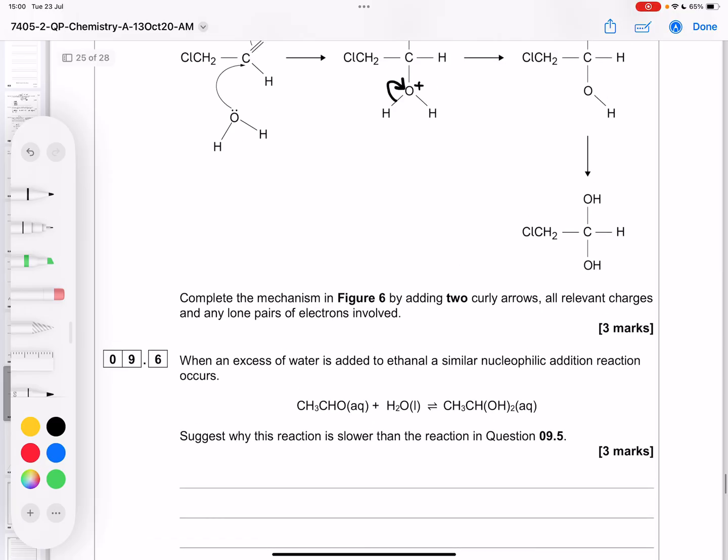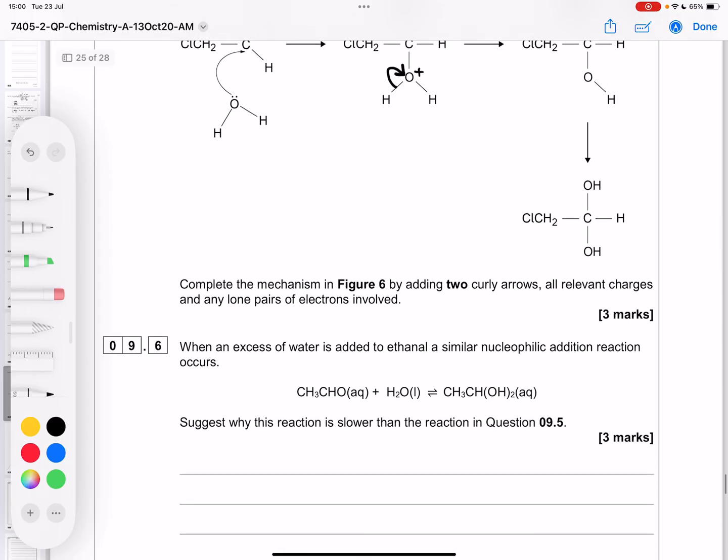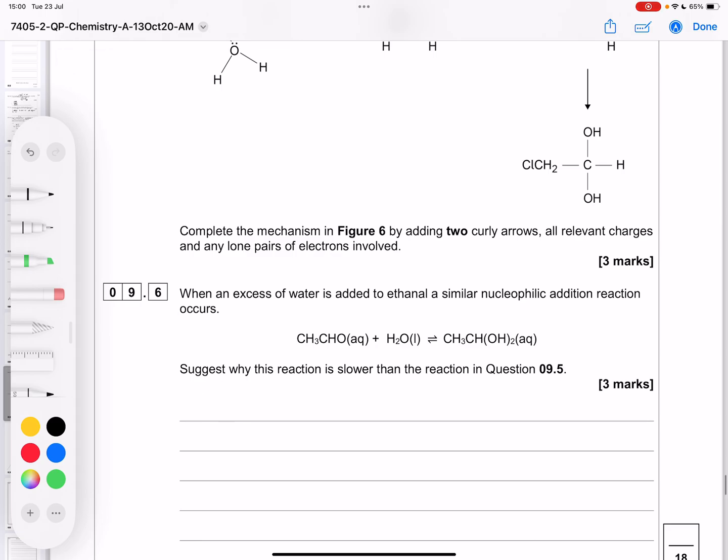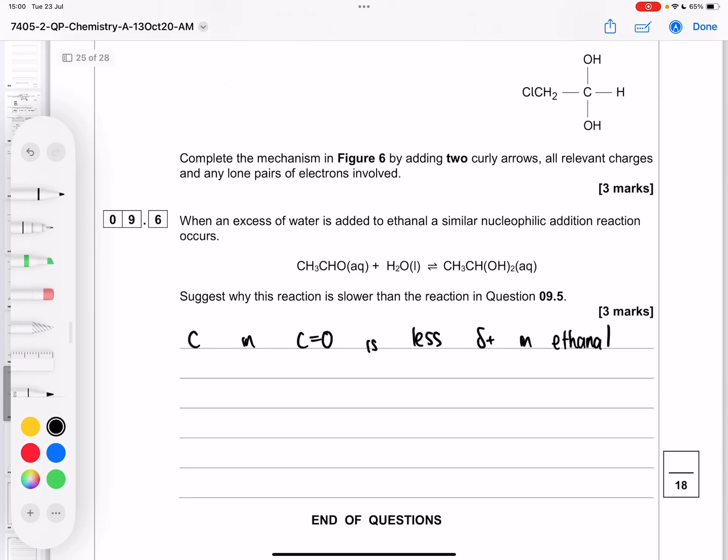The nucleophilic attack that happens in this first step happens because C is delta plus. So the C in the C double bond O is less delta plus in ethanol because alkyl groups have a positive inductive effect, increasing the electron density, not decreasing it.